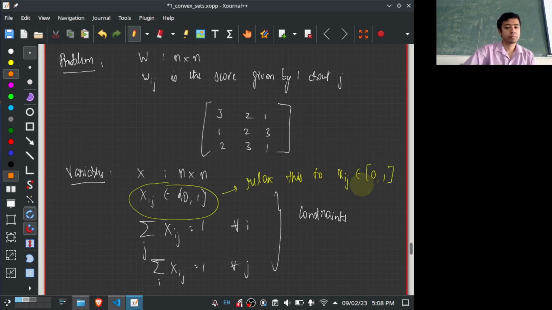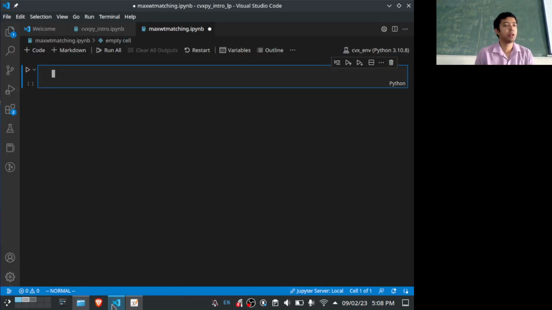All right. And again, it's fairly simple to just solve this. You can just use something like CVXPy, set up the problem, and get the max weight matching. Right.